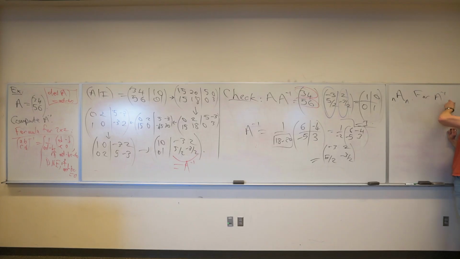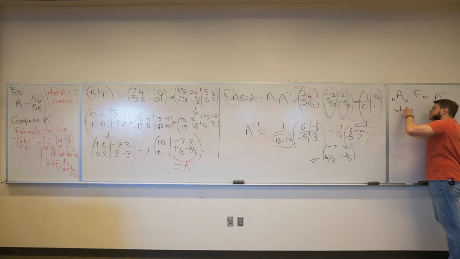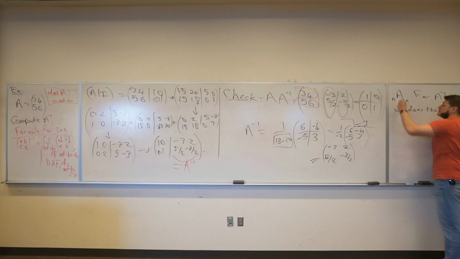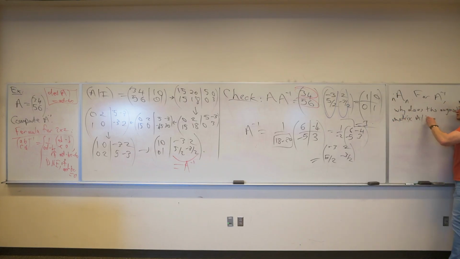For A inverse, why does the augmented matrix A bar I method work?